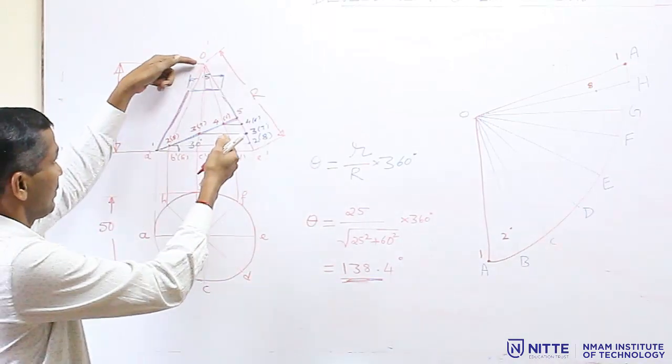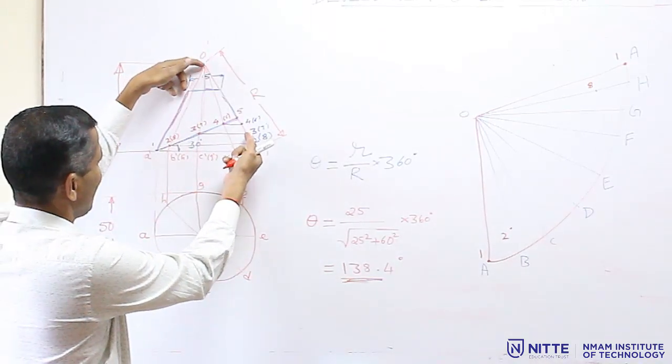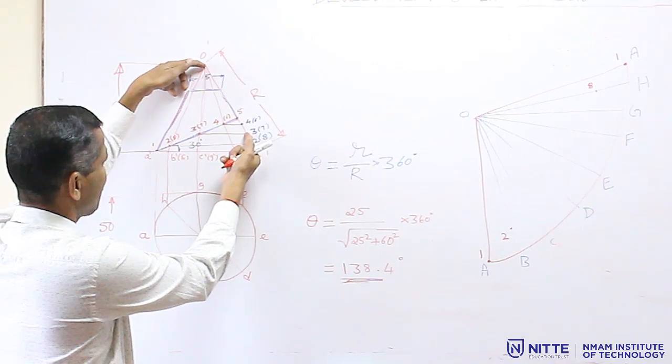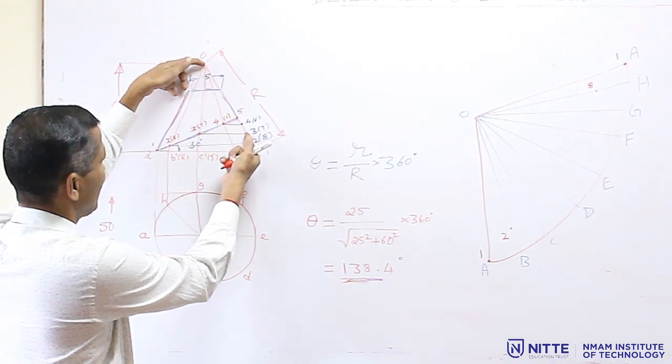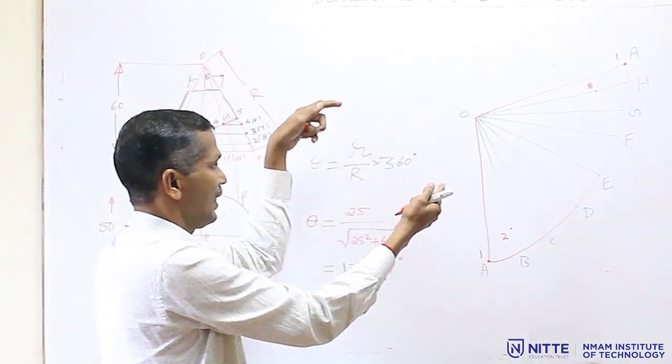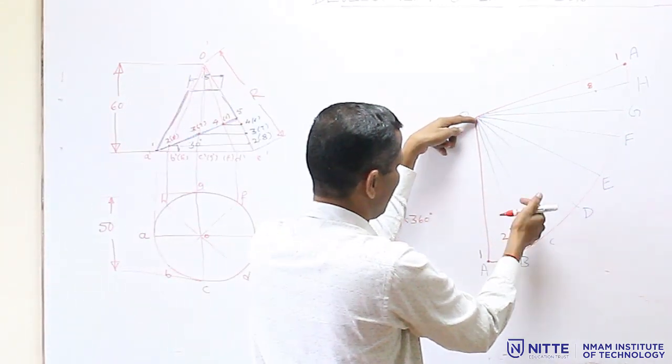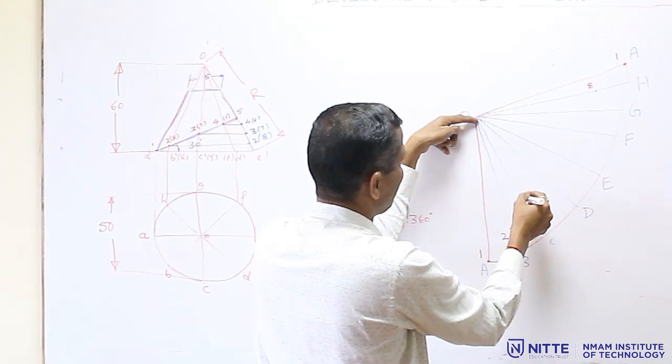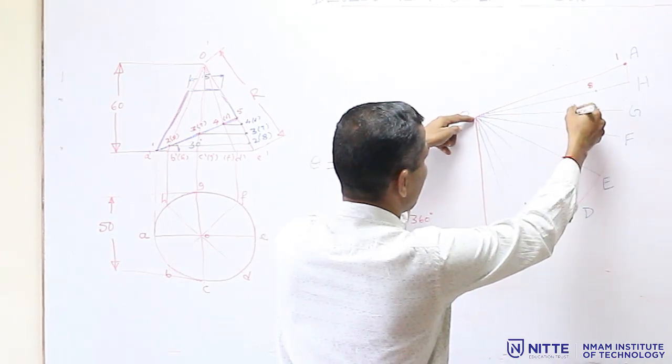Now, you measure this distance O to 3 or O to 7. For 3 and 7 the same distance, take it, and it is on C this distance, and similarly on G the same distance.